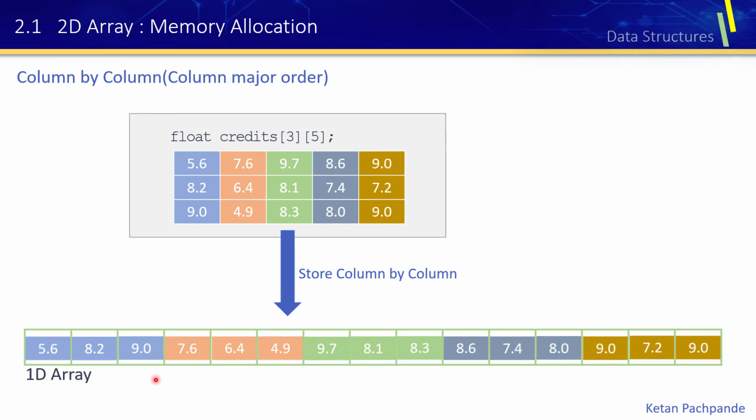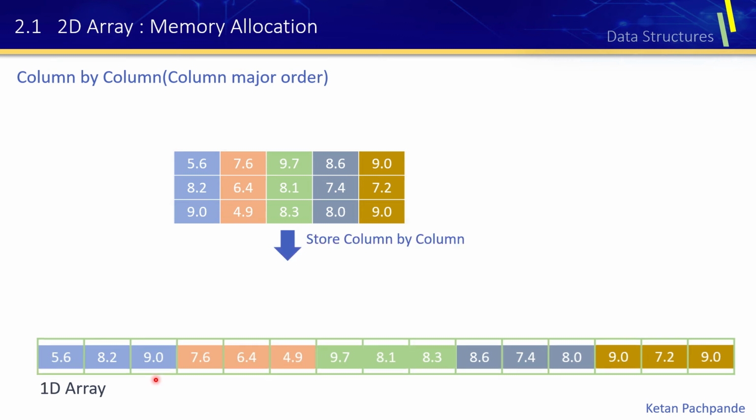But here also, I need to calculate the location of the element with respect to i and j. So let me show here, with respect to i and j, what is the arrangement of these elements. Here i value varies from 0 to 2 and j value varies from 0 to 4. As I have stored the first column here, what is the i value for the first element in the first column? That is 0, 0. What is the second element in the first column? That is i value 1 and j value still 0.